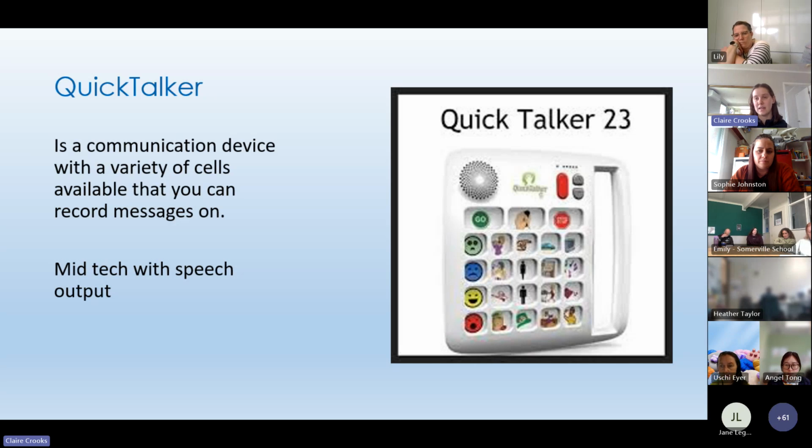There are 5 different levels, so you can have 5 different activities or vocab pages that you can use and switch between. But a really nice option for an emergent communicator or someone who needs to get their message out quickly about a specific thing, around cares or whatever that may be.